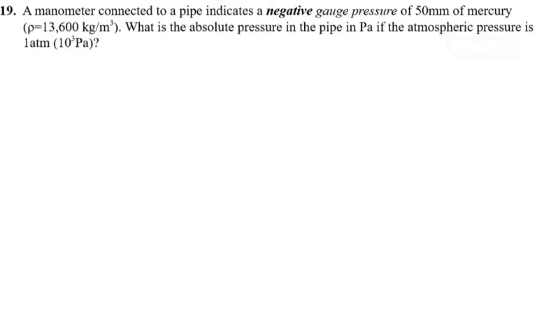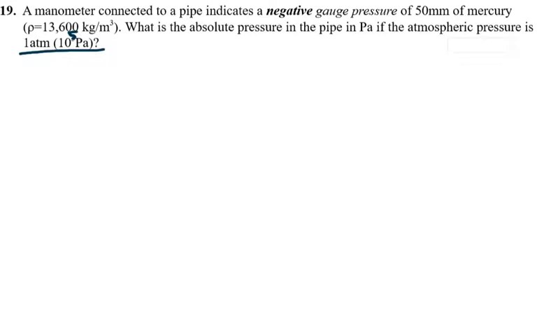And they give you the mercury density. What is the absolute pressure in the pipe in Pascals if the atmospheric pressure is 1 atmosphere, which is 10 to the 5th Pascal? So the atmospheric pressure is 10 to the 5th Pascal, and that's what we know.